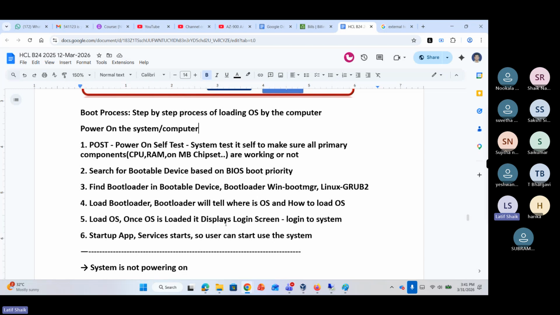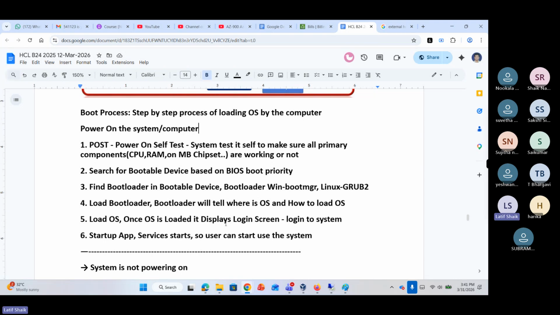The first instruction is to check whether all the components are working or not. So the CPU checks all the components. This is called POST. Simply, when you power on your system, the system performs POST, power on self-test, meaning the system tests itself to make sure all the components are working or not.